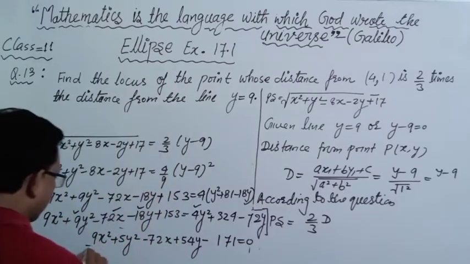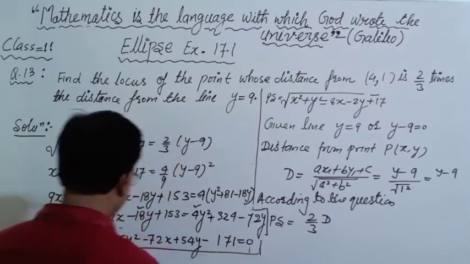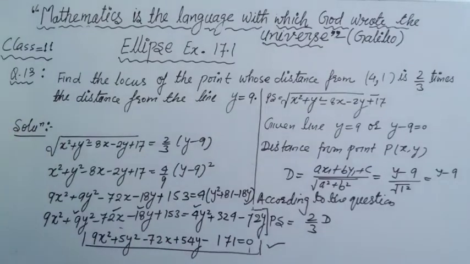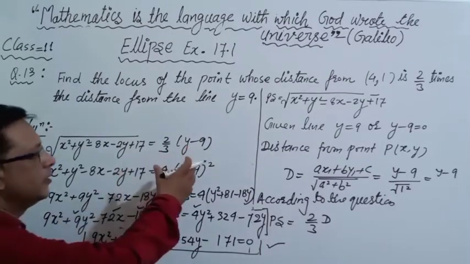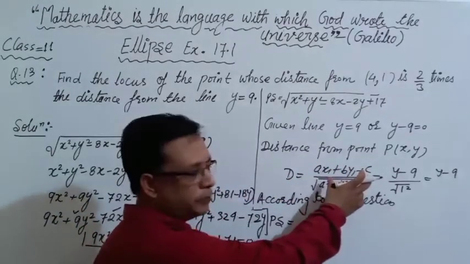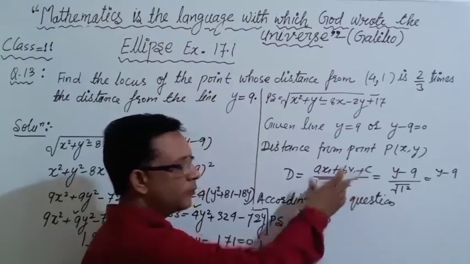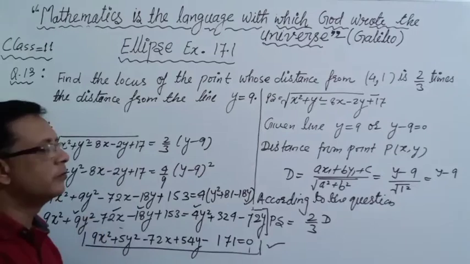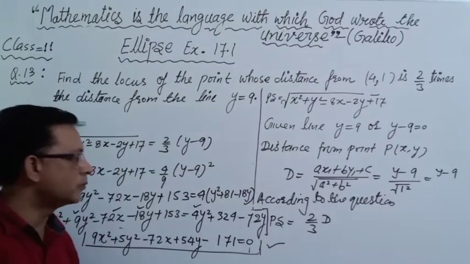So this is your final answer, the locus of the point. So student, note this, a very simple question: only find the distance of the point from the given point and the distance of the point from the line, then equate both these and solve the equation. So note this question.